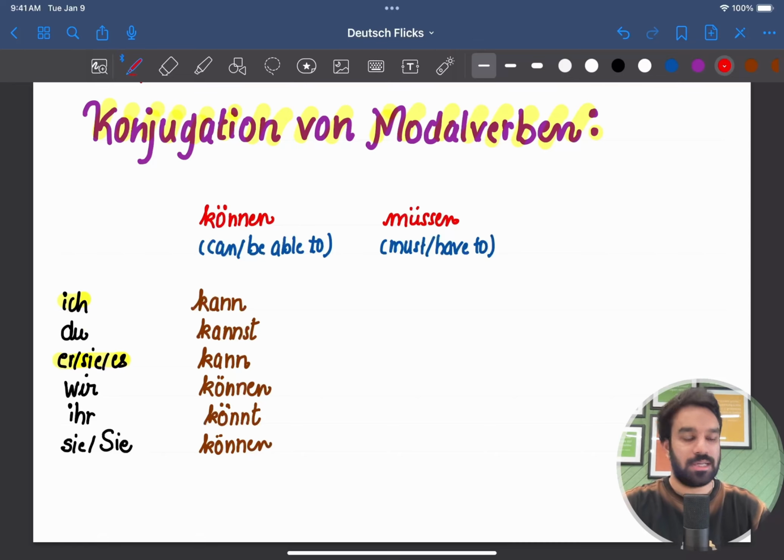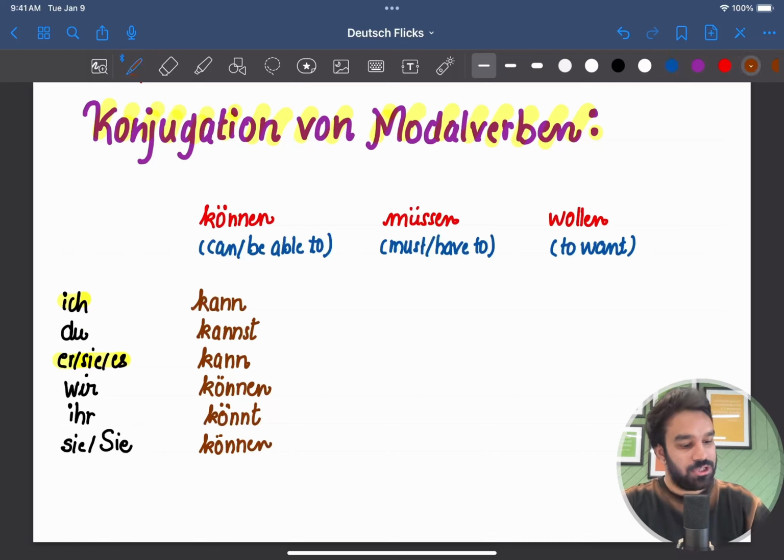Let's also take wollen, which we use to express desire. So wollen means to want. Now I'll give you the conjugation of müssen and wollen according to ich.